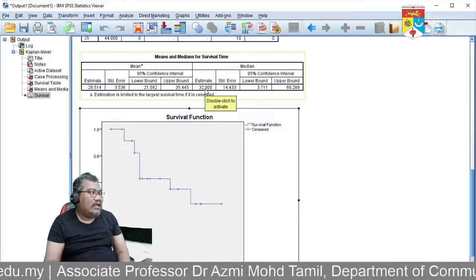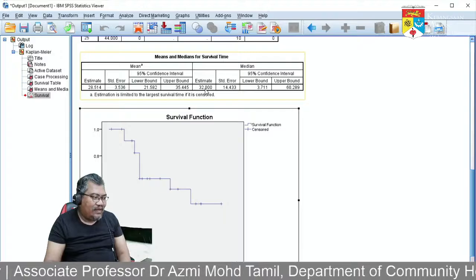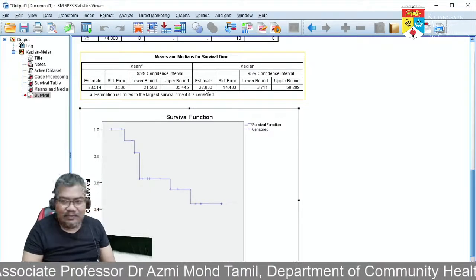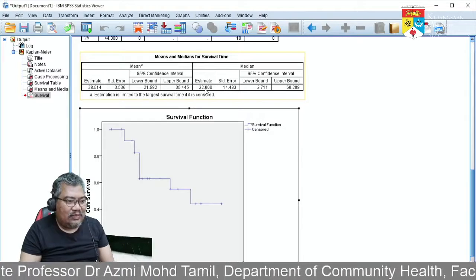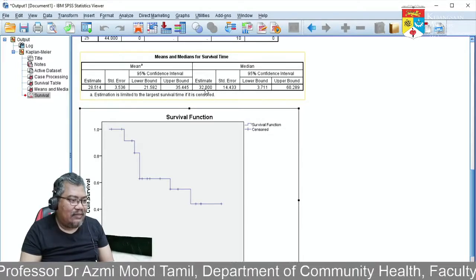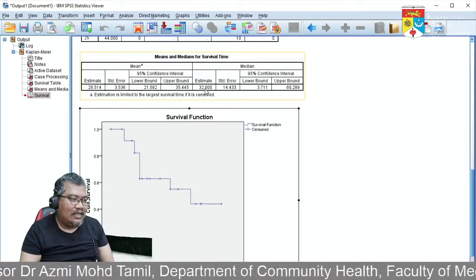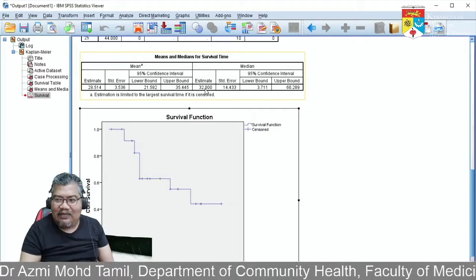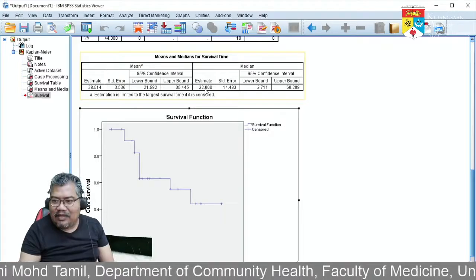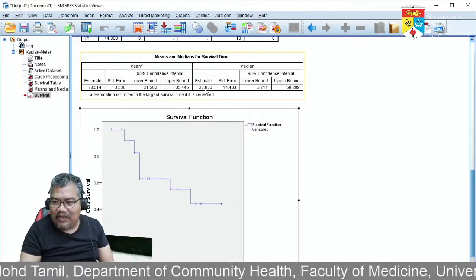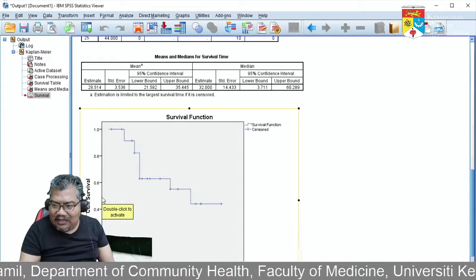I repeat, this is very important. When you want to compare survival time, you should be using the median, because survival time is not normally distributed. The median is only available if your survival function drops below 0.5, because the median of the survival function is at 0.5.